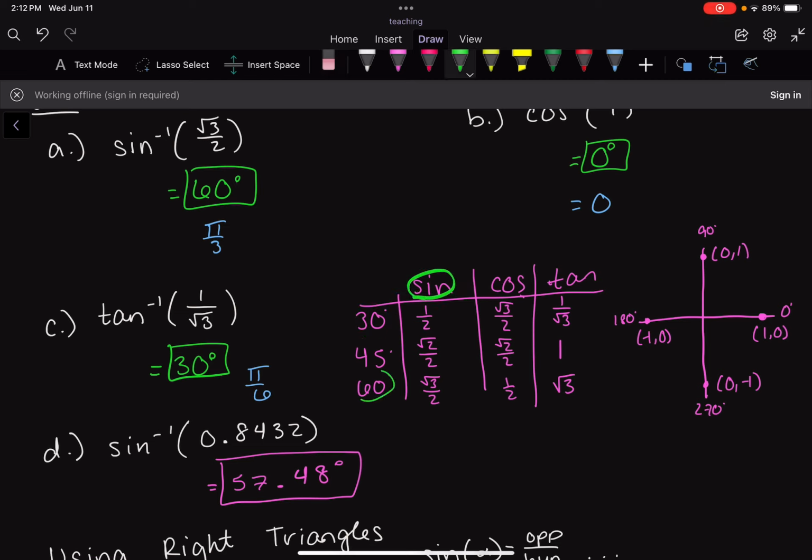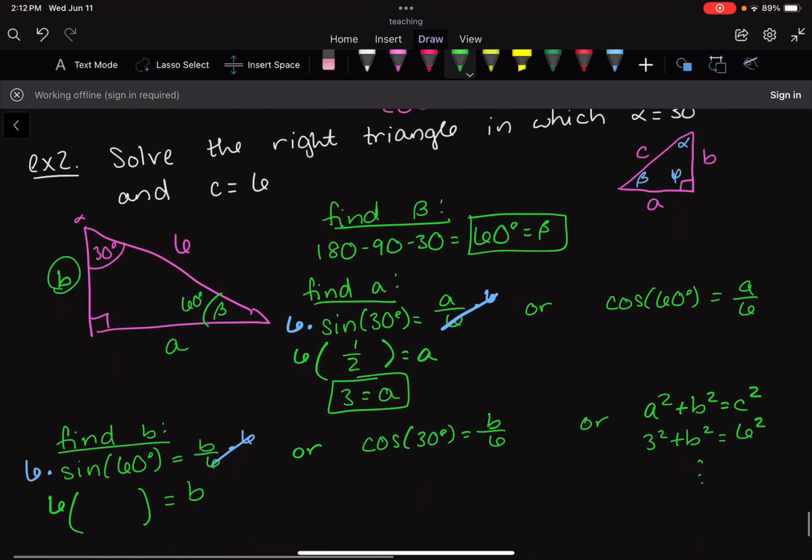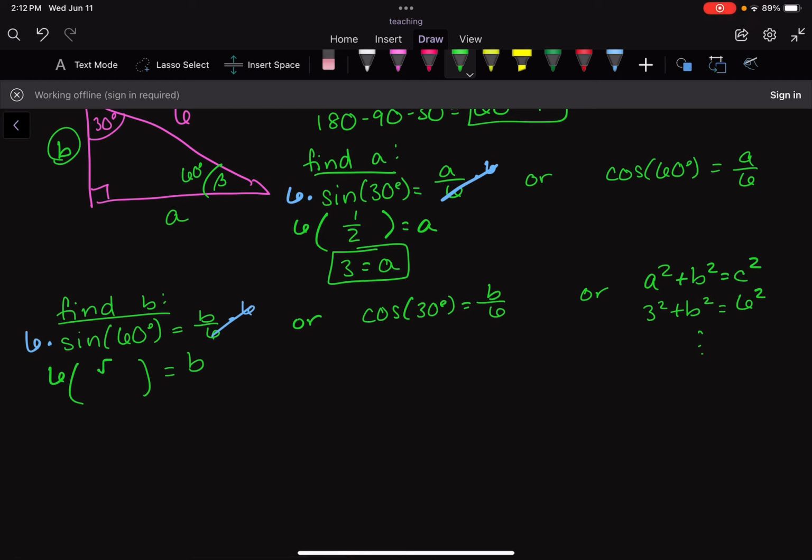So sine of 60 is root 3 over 2. So I come back down here, root 3 over 2. So this becomes 6 times root 3 over 2. 6 over 2 can reduce to 3, and then I have the root 3 just hanging out. So B is 3 root 3.